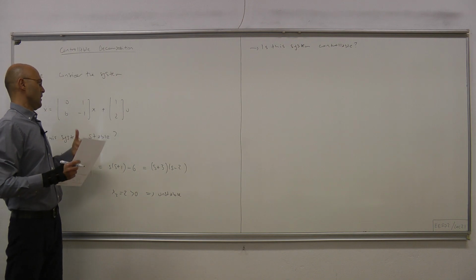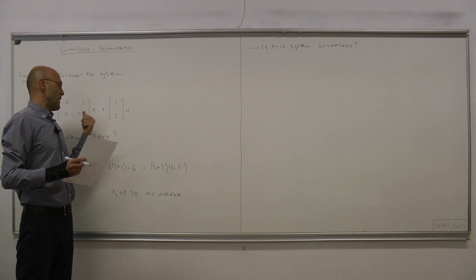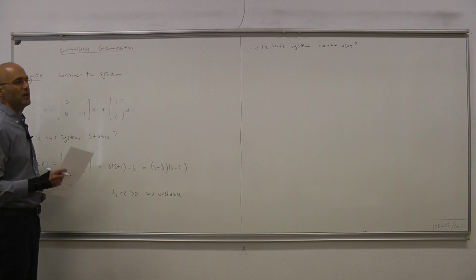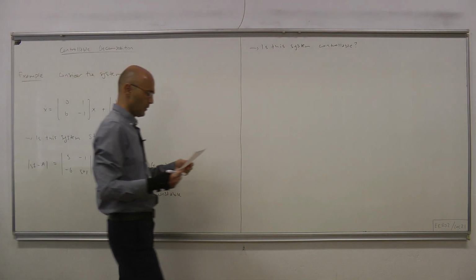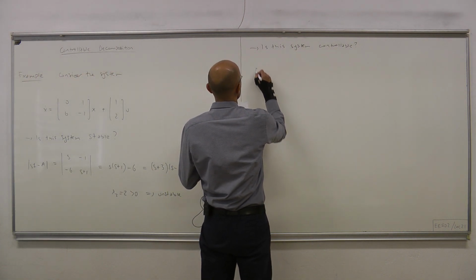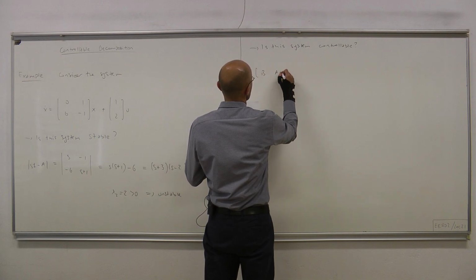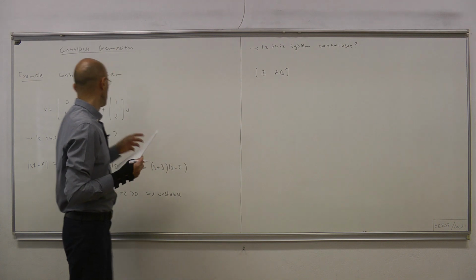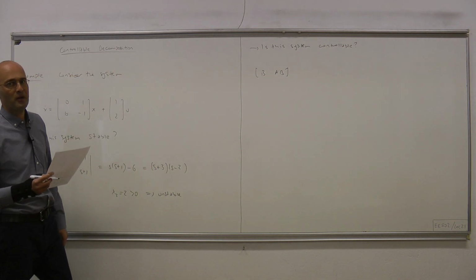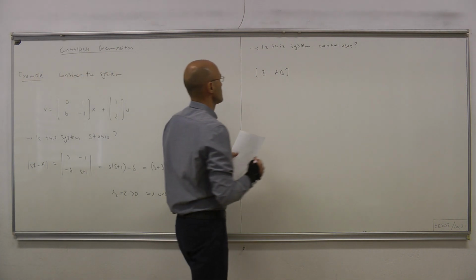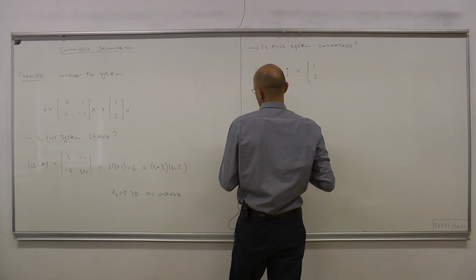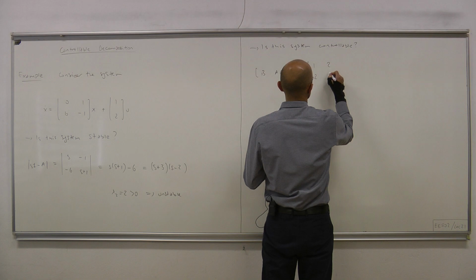B will be one of its columns and AB will be the second column, and then we can check whether that matrix is full rank or not. Since the input is scalar, the controllability matrix will be square. So B AB reads: B is [1; 2] and AB reads [2; 4].